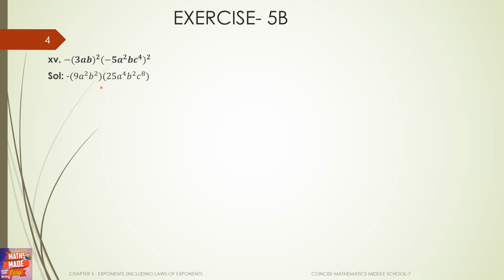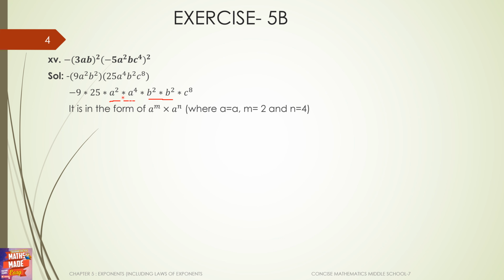Now, after doing this, just make all the integers separately and a terms together and b terms together and last the c term. So, after putting it like this, just have a look at this part. A and b. It is in a formula. Isn't it?